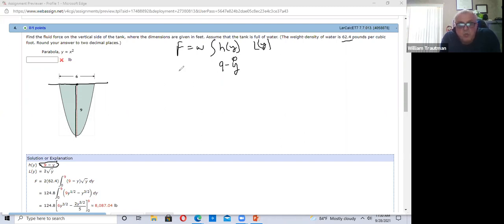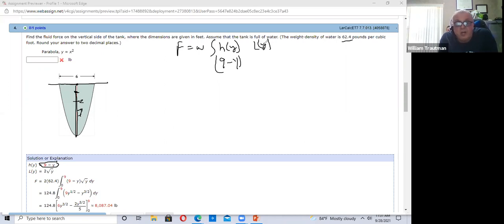If you plugged 1 in for y, now you only have 8 feet of water. Plug 2 in for y, you have 7 feet of water left because it says it's filled. It's kind of hard to explain that, but it is 9 minus y. That's what we're using for H.